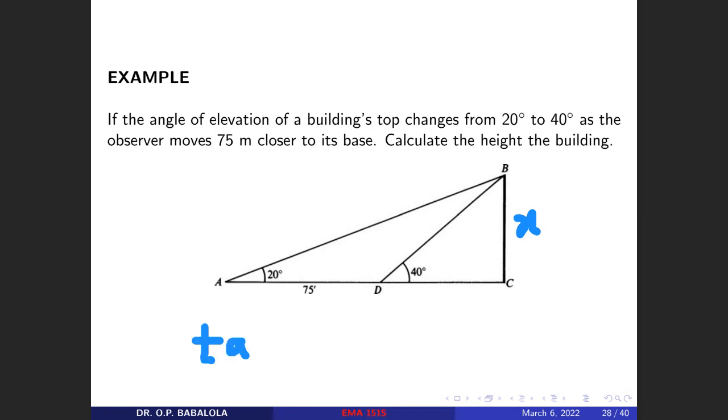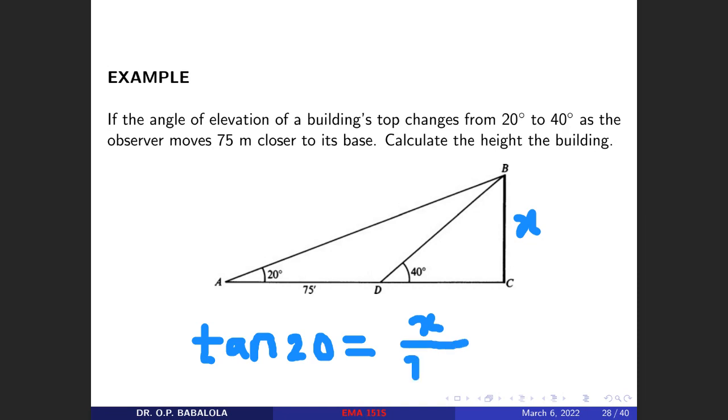So tan 20 will be equal to opposite X divided by adjacent.